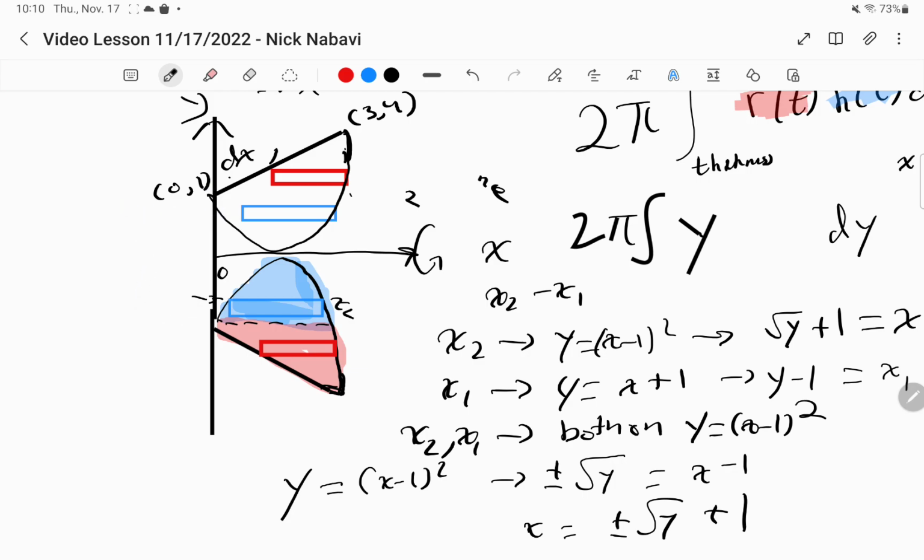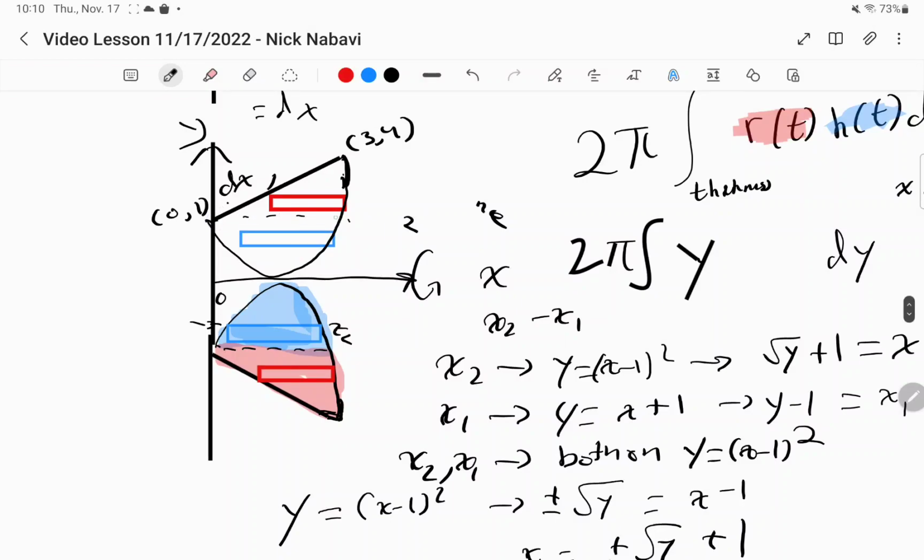So we have these two points of intersection, this point of intersection here, and this point of intersection at the upper end. The y's in the blue section are from y equals 0 to y equals 1, and then in the red section, we're going from y equals 1 to y equals 4.